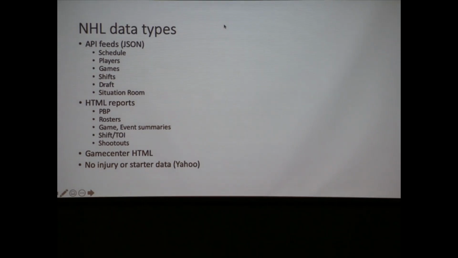Also, there is a report for shootouts, which I didn't bring, and there is a report on face-offs. These are static, and as far as I know, they don't change once they're issued. So if they have some errors, they will carry them forever.